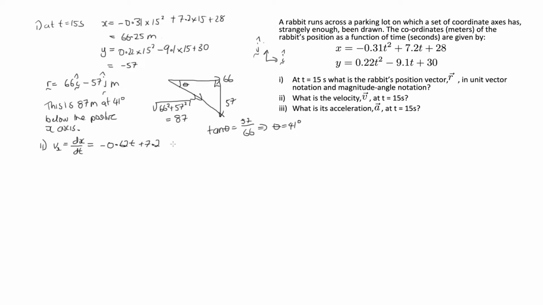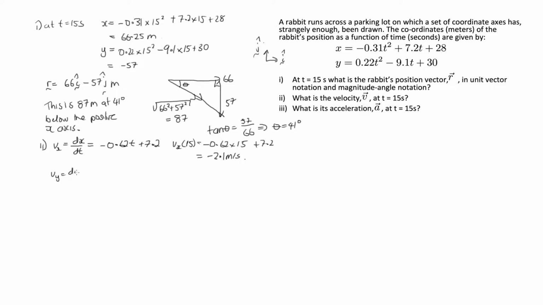We'll want to work out what this is at 15 seconds. So Vx at 15 seconds, we substitute in 15. So this is minus 0.62 times 15 plus 7.2. And so this is equal to minus 2.1 meters per second.